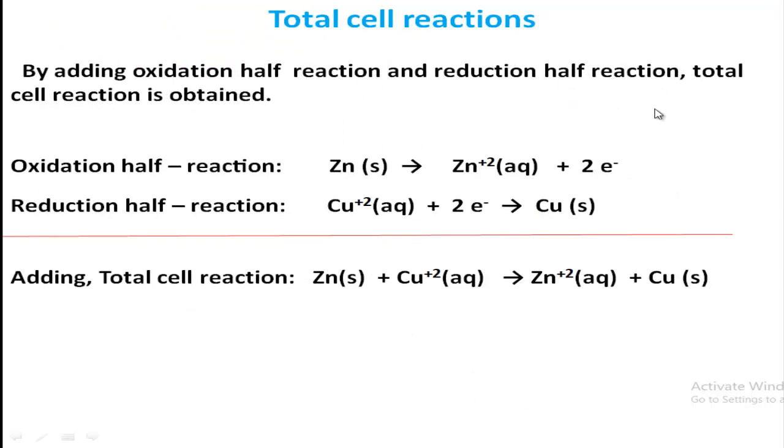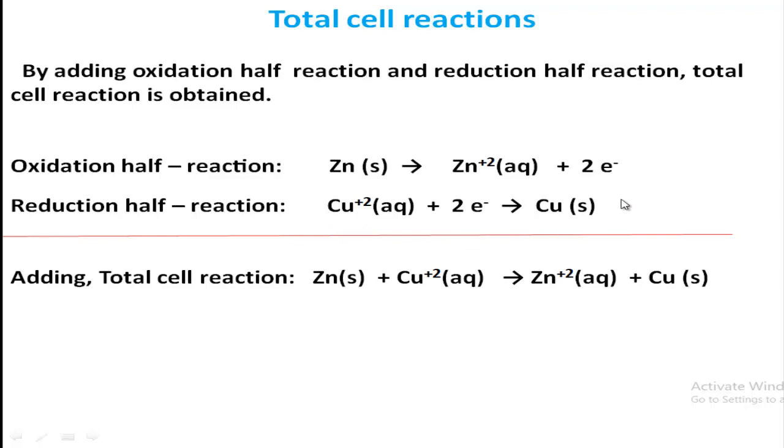Now the total cell reaction. For example, in the galvanic cell, what we have seen is that at the zinc electrode, the anode, oxidation occurs, and at the cathode, reduction occurs. So the oxidation reaction will be: zinc releases 2 electrons and is converted into zinc ion, and the reduction half cell reaction will be: copper ion accepts 2 electrons and is converted into metallic copper.